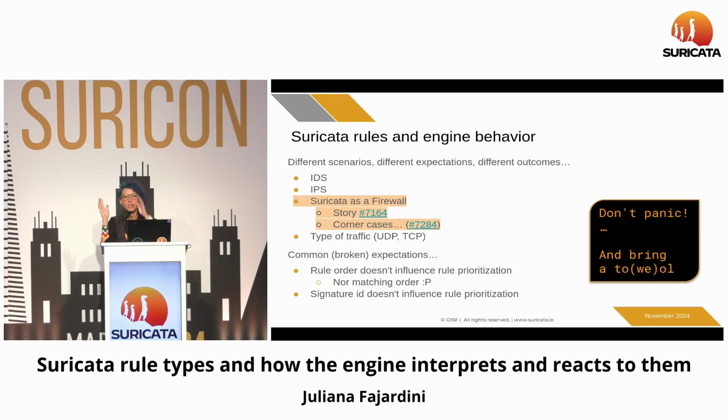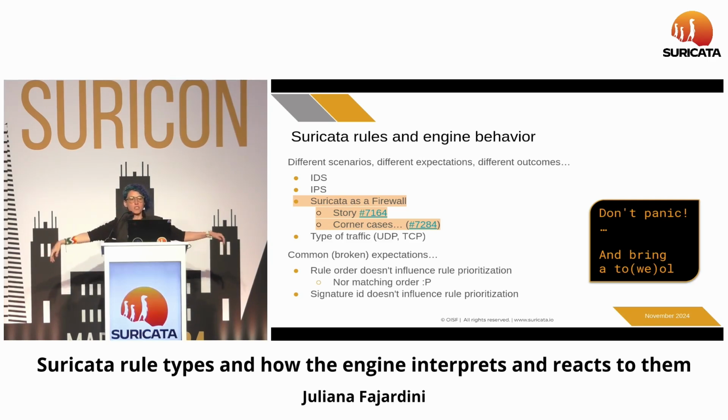So running in IDS or in IPS will have an impact on when the alert happens, because for IDS, we will wait to have the flow ACK if you are in TCP, whereas with IPS, as soon as you match on the traffic, you get the alert. So sometimes we were investigating something internally that we were not sure if it was a bug or not because of this sort of stuff.